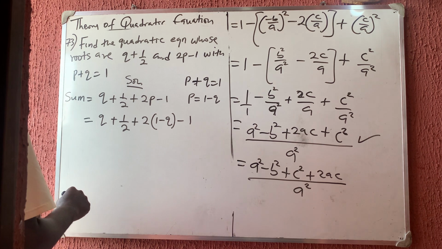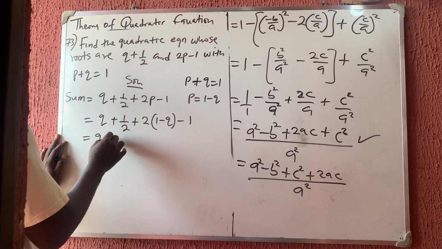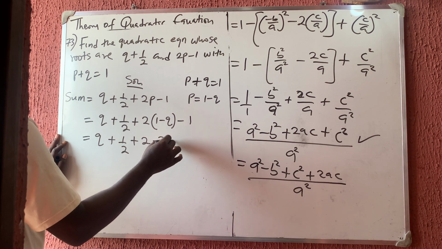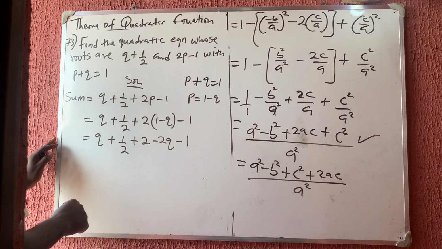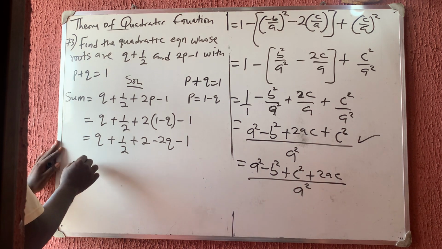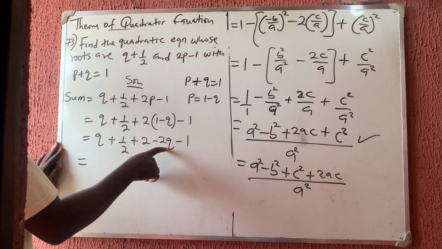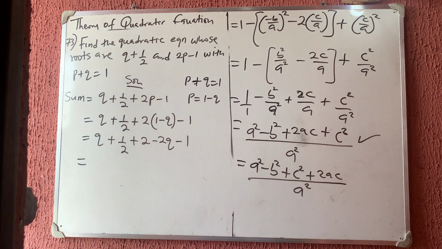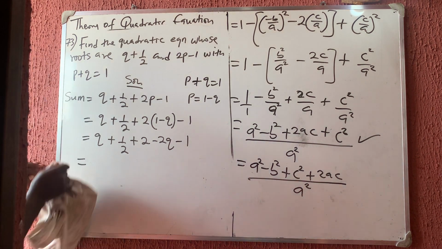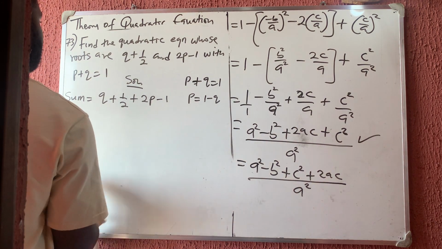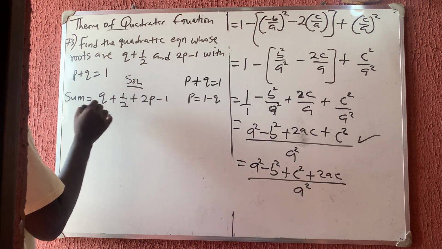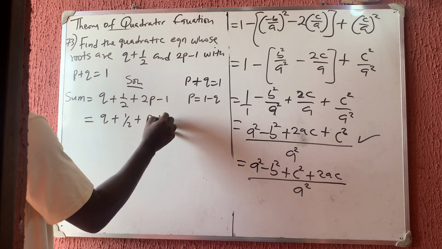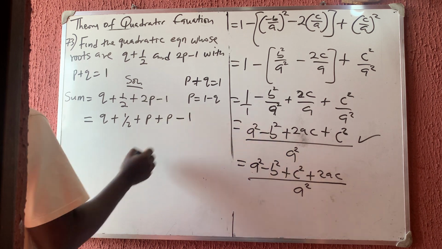Minus 1. So what do I have now? q plus 1 over 2 plus 2 minus 2q, then minus 1. Alternatively, q plus 1 over 2 plus p plus p, and p plus p gives me 2p minus 1.